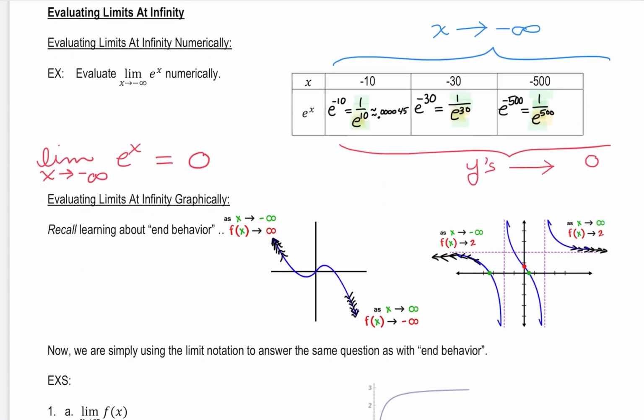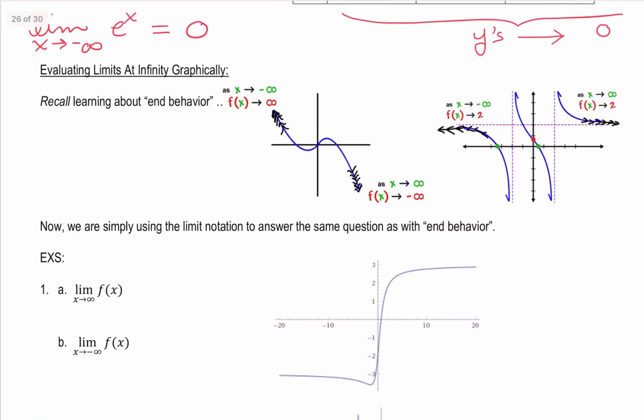So let's look at the same type of question here. We're just going to throw on the limit notation, but we're really talking about the end behavior of these graphs. Number one, the limit as x goes to infinity. As I am traveling further and further off to the right, it looks like I have horizontal asymptotic behavior, even though I don't have the dashed line drawn in.